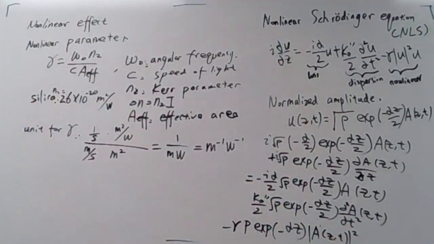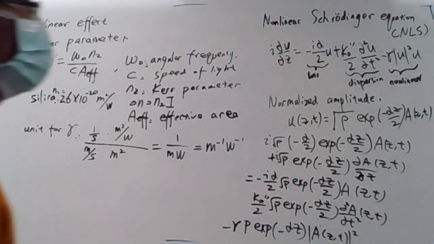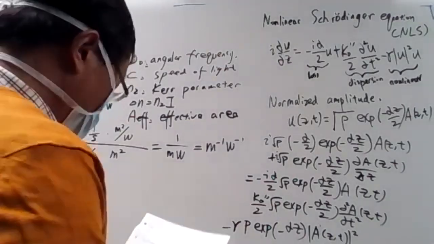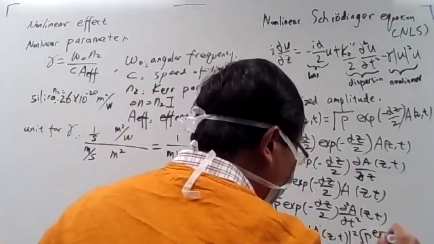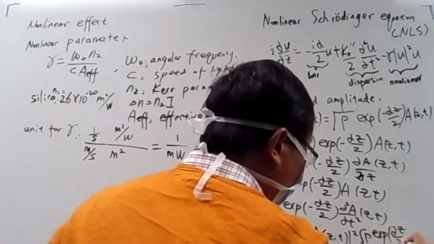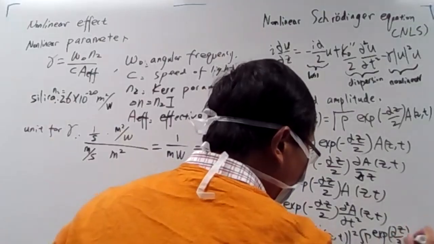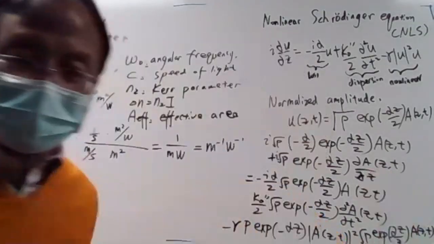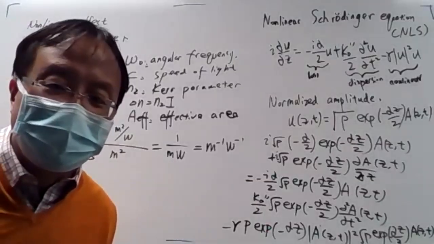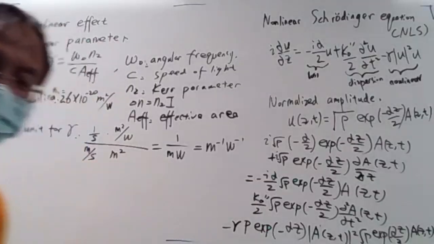Barely, but I think we will survive. And then it's followed by the square root of P exponential negative alpha Z over 2, and then we have AZT. Yeah, that's it. We barely made it.